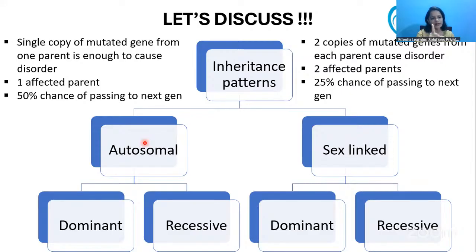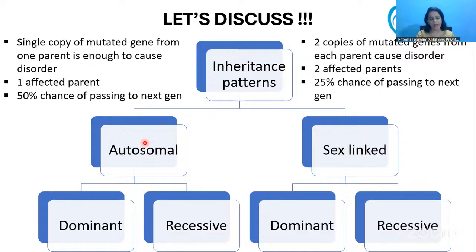So one single copy of the mutated gene in one parent is enough to cause a defect or some kind of a disease in the progeny. Okay, so that shows the dominant pattern. In the dominant pattern, usually there is a 50% chance of passing it to the next generation. It is a dominant gene, so it will show its dominance in the next generation also.